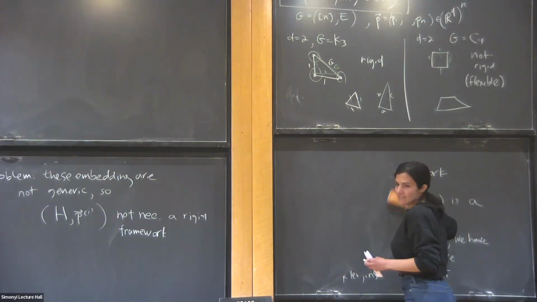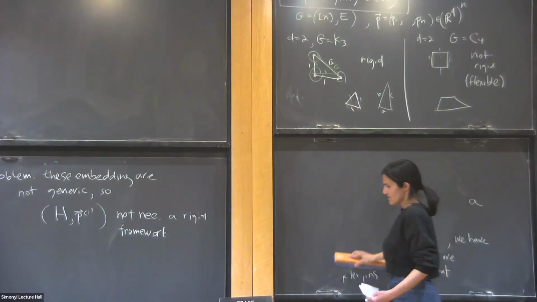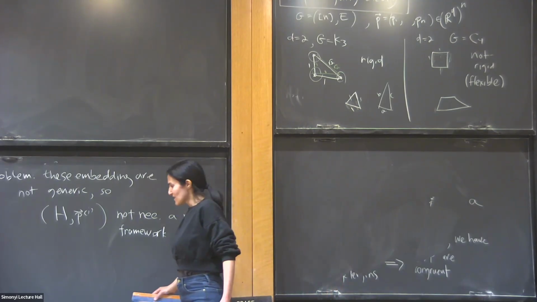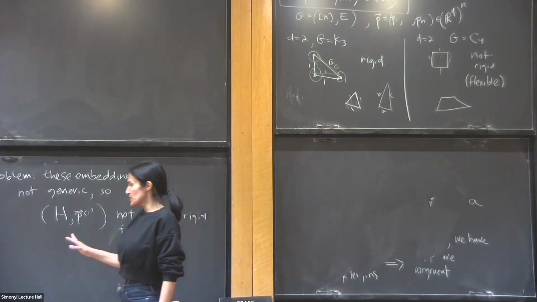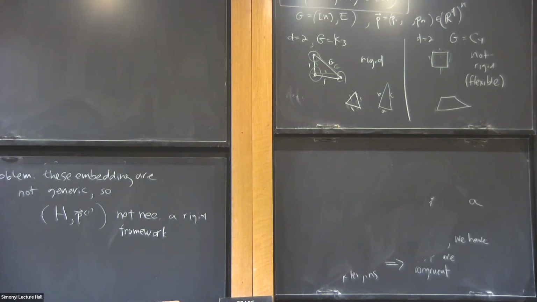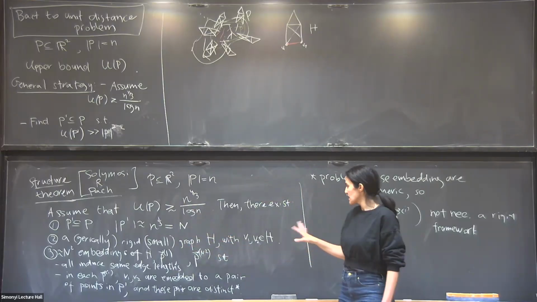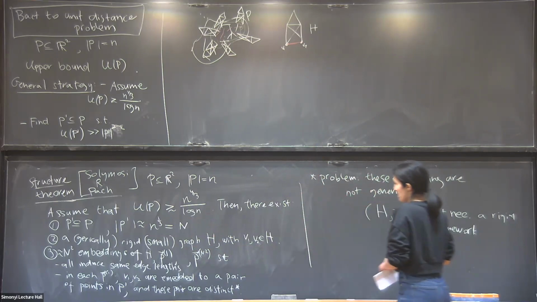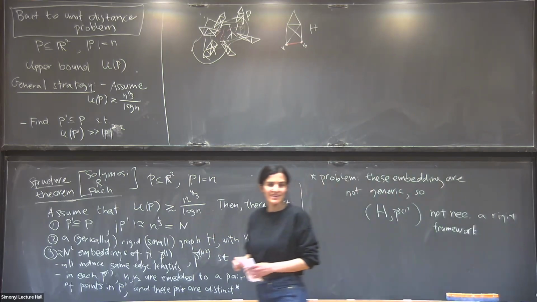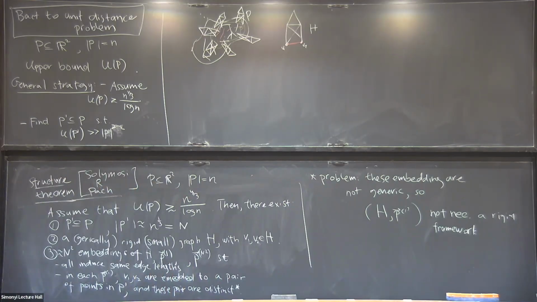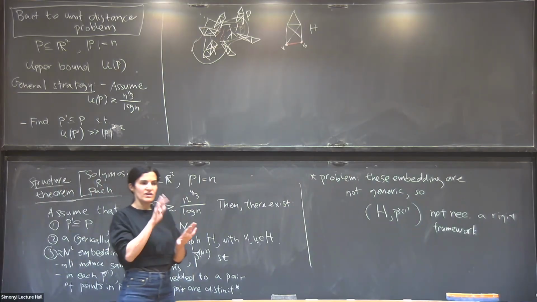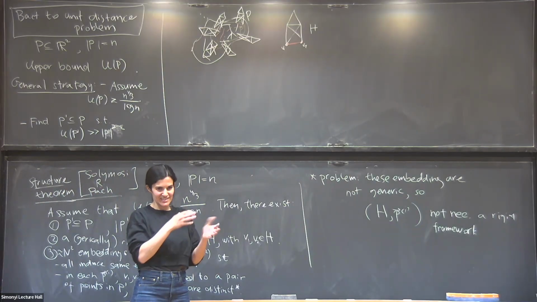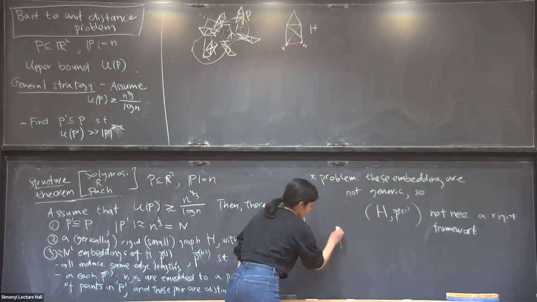One question: you think of small graph H, should I think of small as fixed, or is it actually growing with n? Actually, if we could find a fixed one, then it would improve this even more substantially, but you should think of a log n. But also, rigid doesn't mean two embeddings. Even in the rigid case, it only controls a neighborhood of an embedding. That's true, but once you are rigid, then you have a constant number of distinct embeddings.